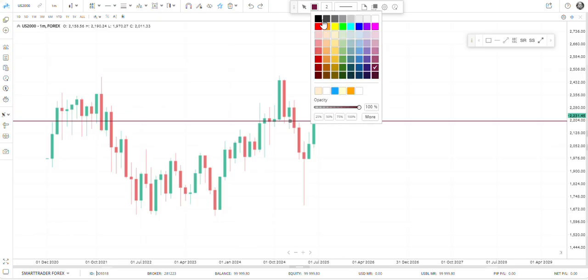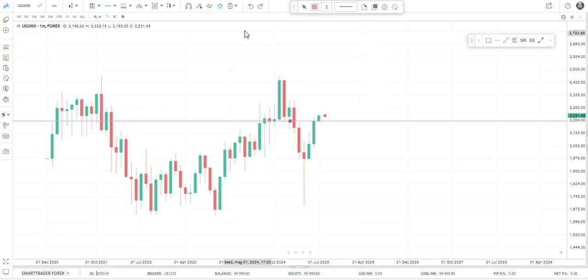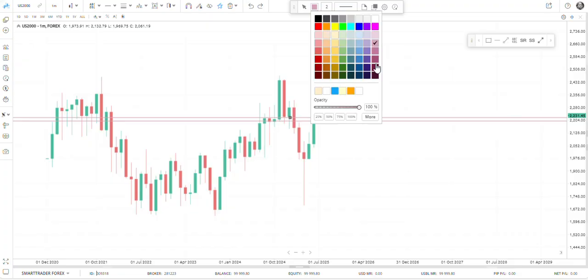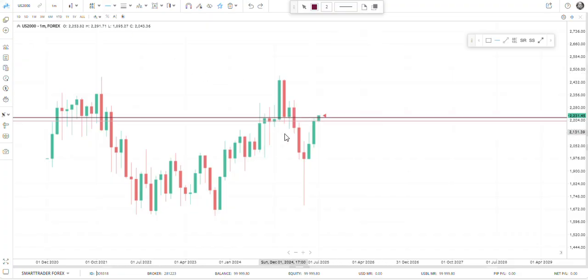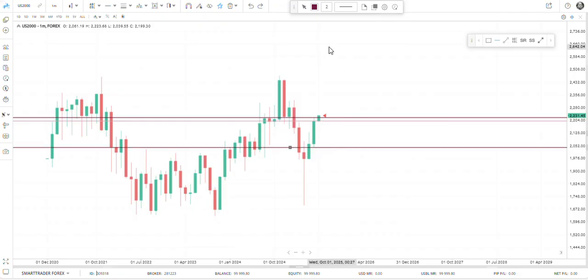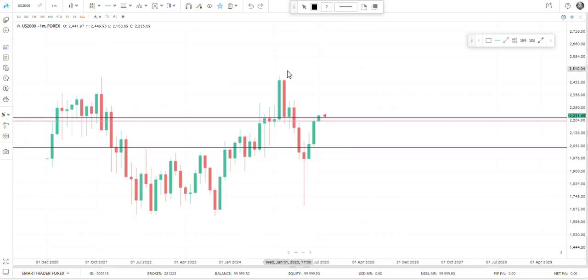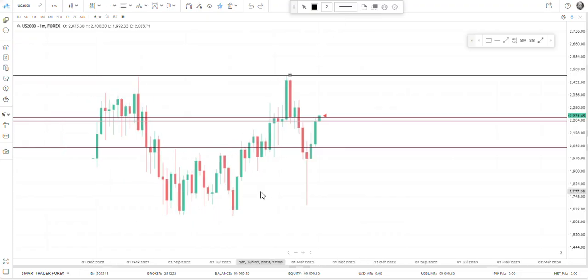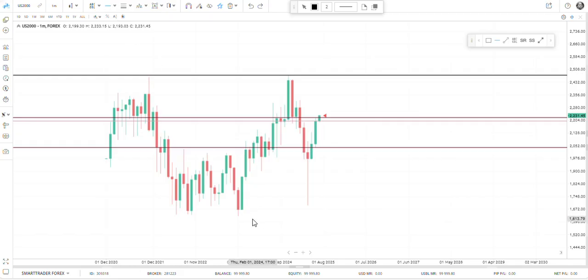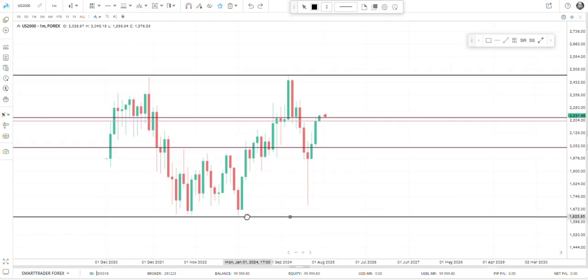So this is where the previous month closed. I use a light color, and this is the high of that candle, the previous monthly candle, and this is the low of that candle right there. I usually mark out my high in black, so I know that is the highest that price has been, and this is the lowest that price has been. We can see that right there.